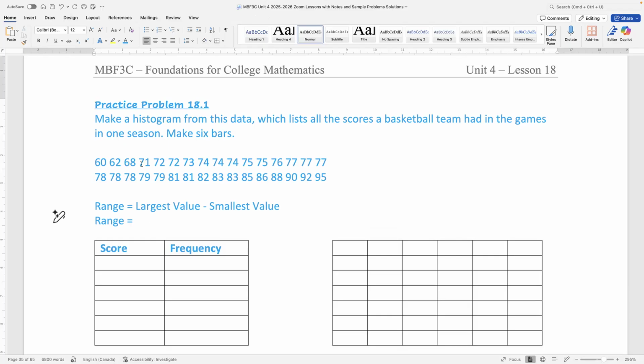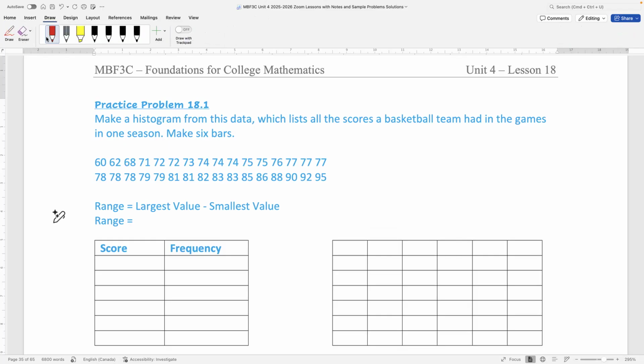So let's go through the list. I'm going to get my marker here now. So we have 60, 62, 68, 71, 72, 74. Actually, these are all, oh, this is easy. They're already in numerical order for us. Oh, I made it too easy for you. So the range is going to be, in this case, the largest value is 95.